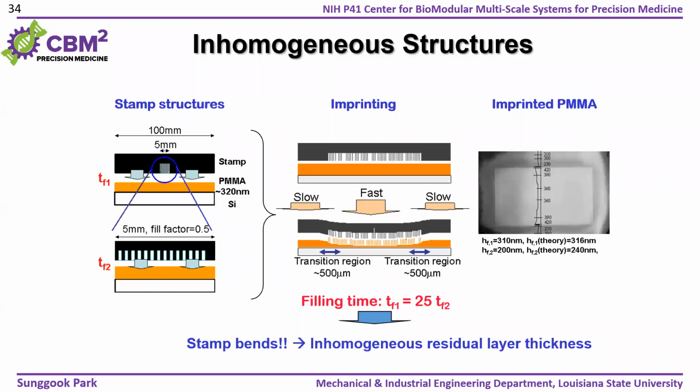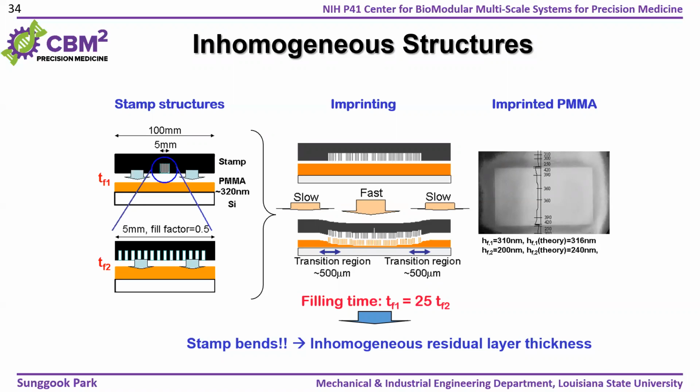Another downside is if you have inhomogeneously distributed structures. Here you have a dense structure, and there's no structure here. Then what happens is that here it will fill faster, and then this part.